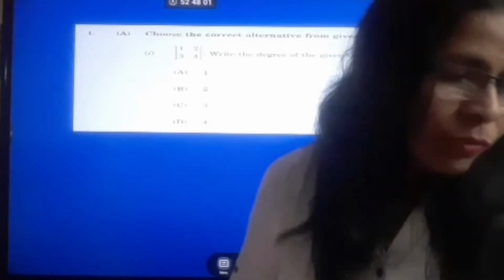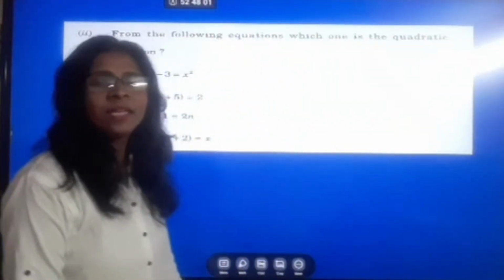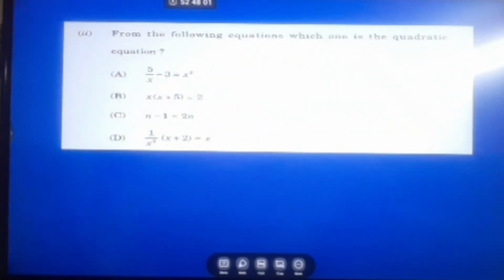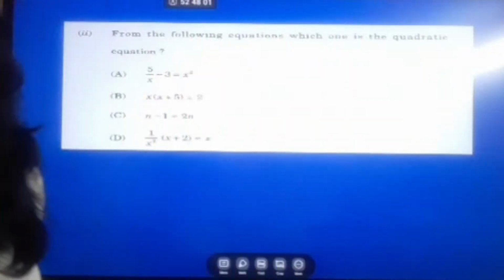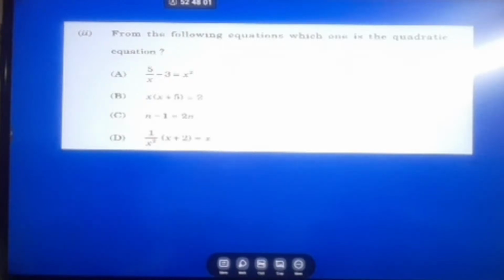Then see the next question, students. The question is: from the following equations, which one is a quadratic equation?